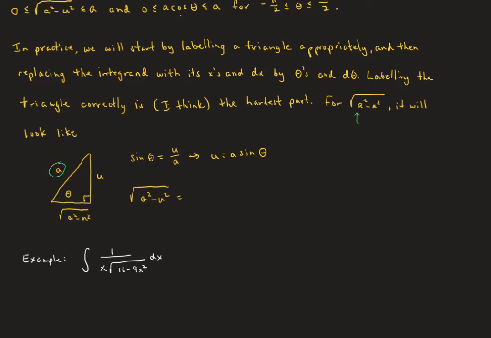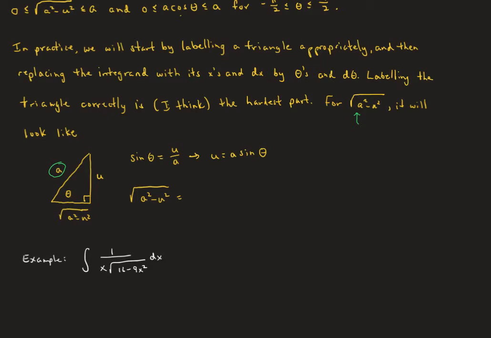So we'll see a little bit later in our third example, the square root of u squared minus a squared, we're going to put u as the hypotenuse. In the one where there is no minus sign, the square root of a squared plus u squared, that becomes the hypotenuse. So that's an important way, I think, to figure out how you're going to go.